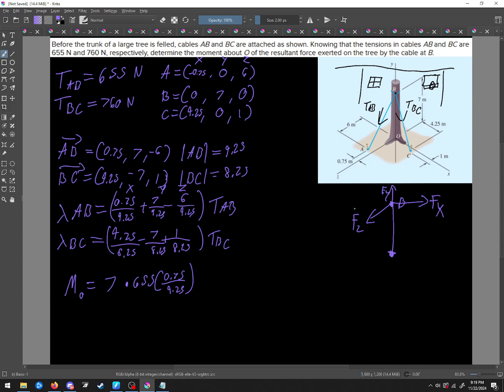And that's going to be, let's see, is it clockwise or counterclockwise? From the x-axis, it should spin it counterclockwise. That should be positive.